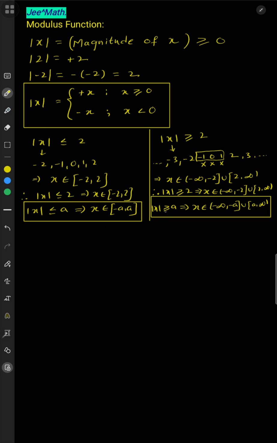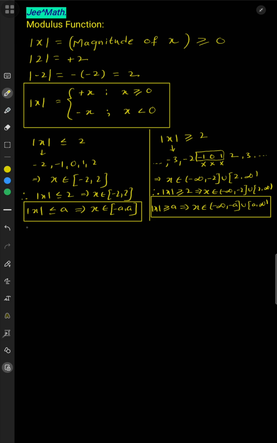So here the equal to symbol is there, so that's why sharp brackets are given. That means x equal to a can be taken, correct or not? If the equal to symbol is not there, then you need to give open brackets only. That means exactly x can't be taken as a.